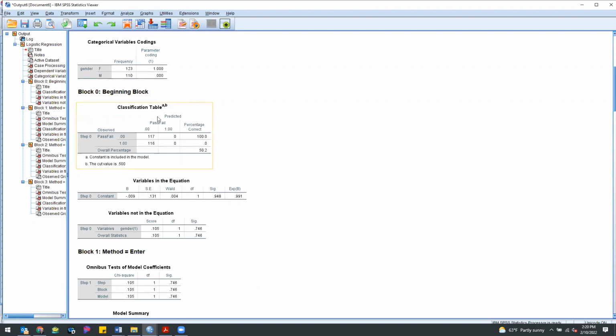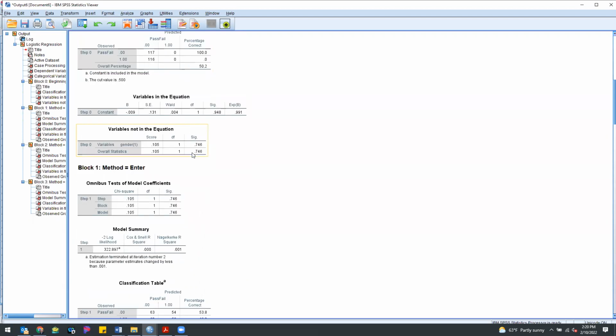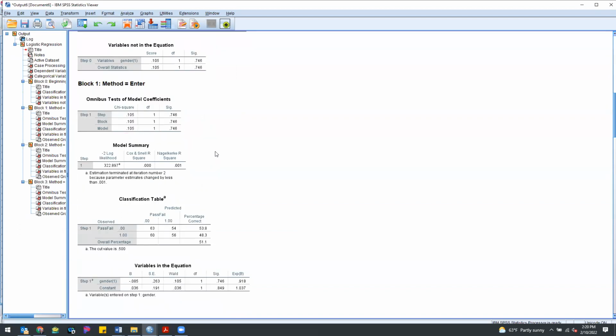Beginning block 0 tells us that without any utilization of this analysis, we could just assume that all students failed and be right about half the time, 50% of the time. So what we want to do is make sure that as we add variables to this model, we increase our likelihood of being correct. So moving into block 1.